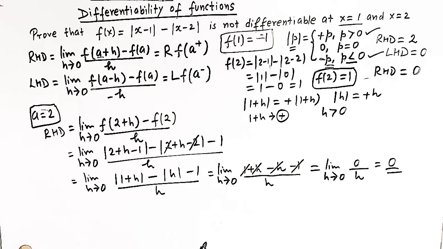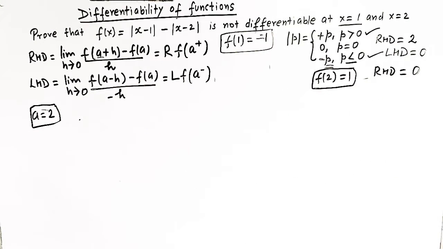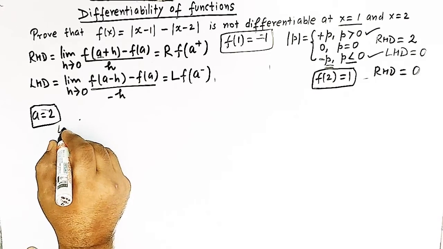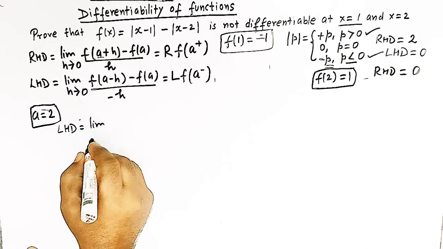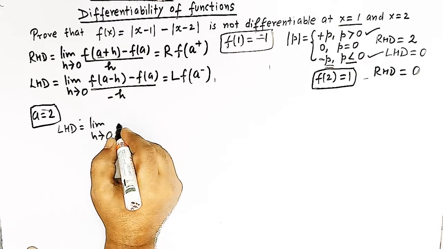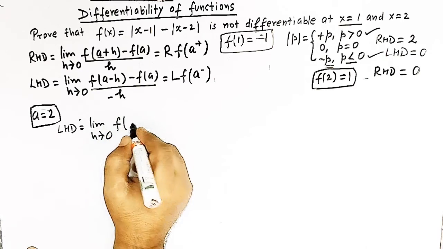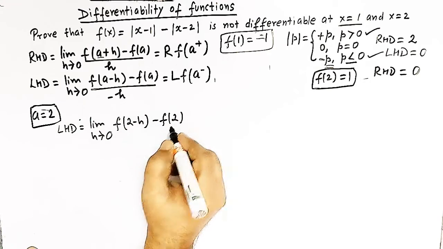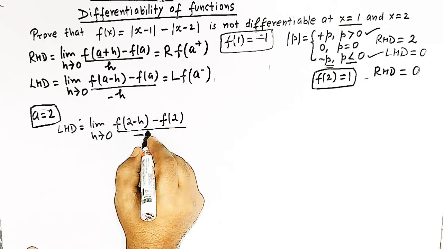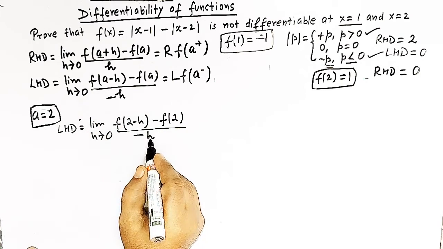So now let us find out the left hand derivative. So now the left hand derivative is defined by this limit h tends to 0, and here we have f of 2 minus h minus f of 2 divided by minus h, right?